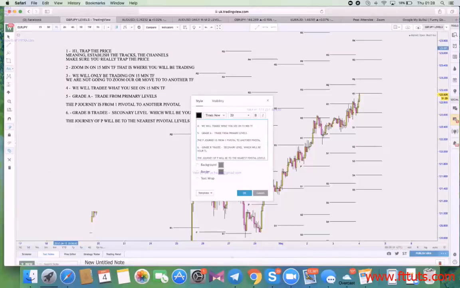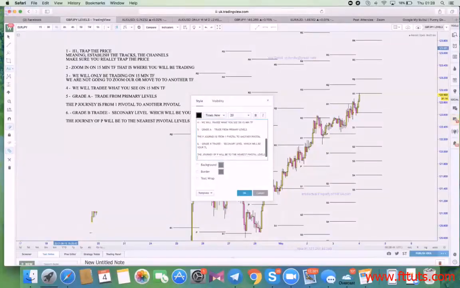You understand this? If you take a trade from a secondary level, the target will be the nearest possible pivotal level. Of course, I will discuss this in a second, guys. You understand this? Everyone understand? Say yes.